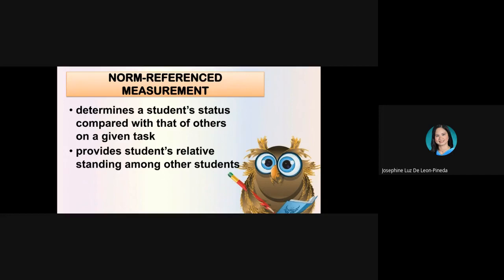So norm reference measures compare a person's knowledge or skills to the knowledge or skills of the norm group. The composition of the norm group depends on the assessment. For students' assessment, the norm group is often a nationally representative sample of several thousand students in the same grade. So, dapat pare-pareho yung grupo na pinag-uusapan natin or kinokomperan natin ng kanilang performance.